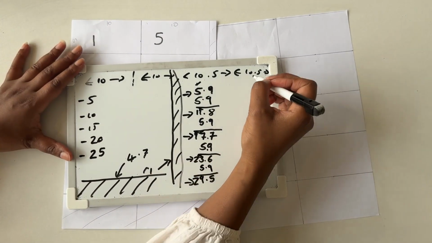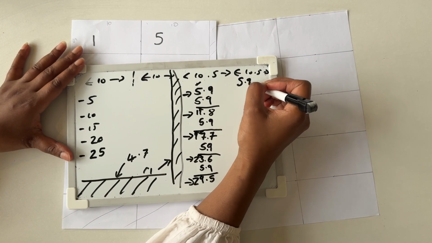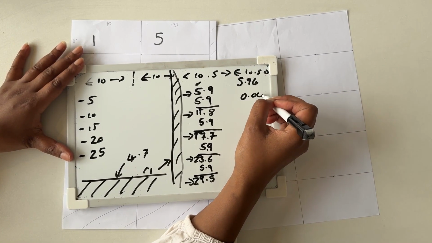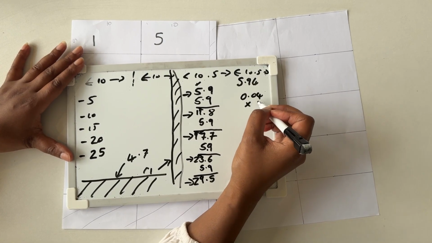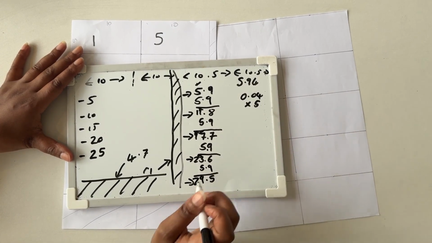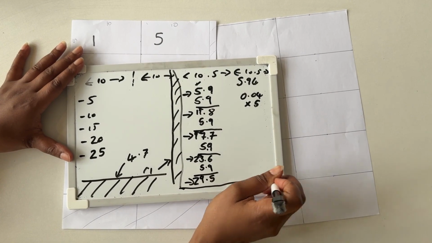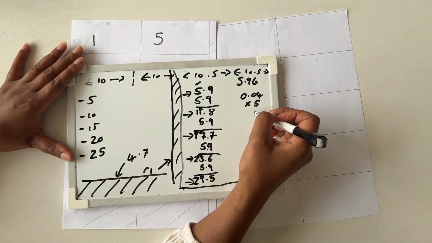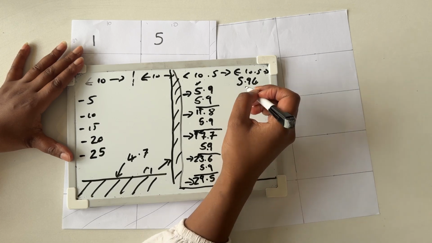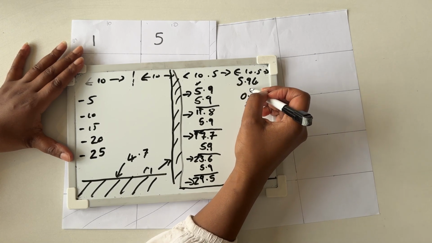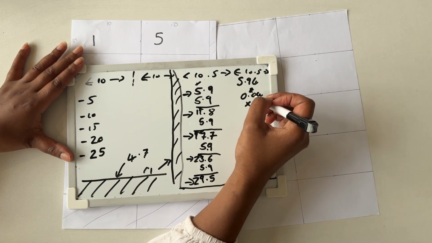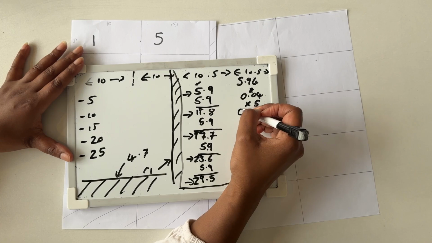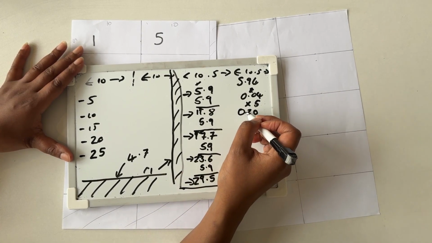But remember, it was 5.94, and we're not counting the 0.04. So that times 5 means you will still have a wastage here. 5 times 4 is 20, so 0, 2, carry the 2. 5 times 0 is 0, plus the 2 is 2, 0.20.